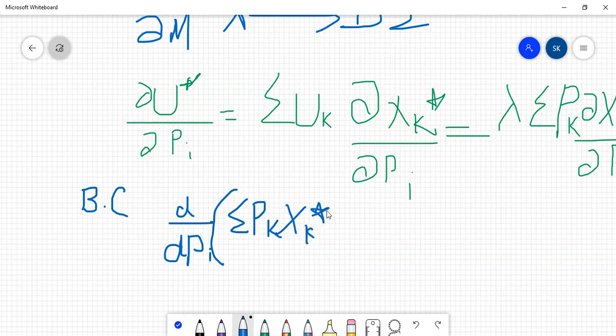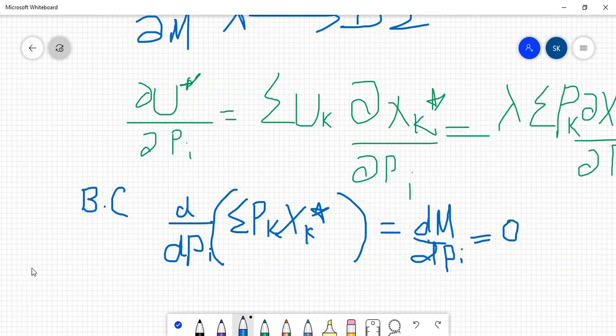Now what will this yield? This will yield dm upon dPi, and therefore dm upon dPi is equal to 0.